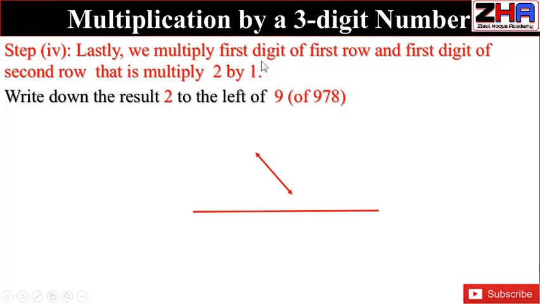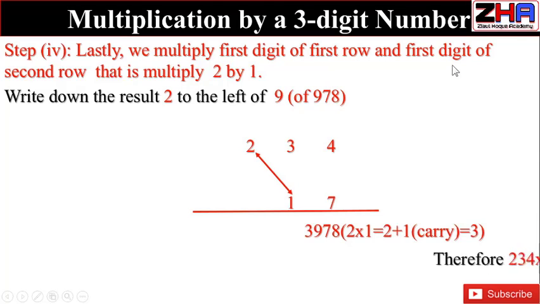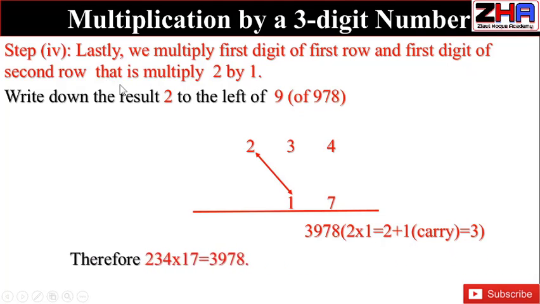Lastly, we multiply the first digit of the first row and the first digit of the second row, that is multiply 2 by 1.